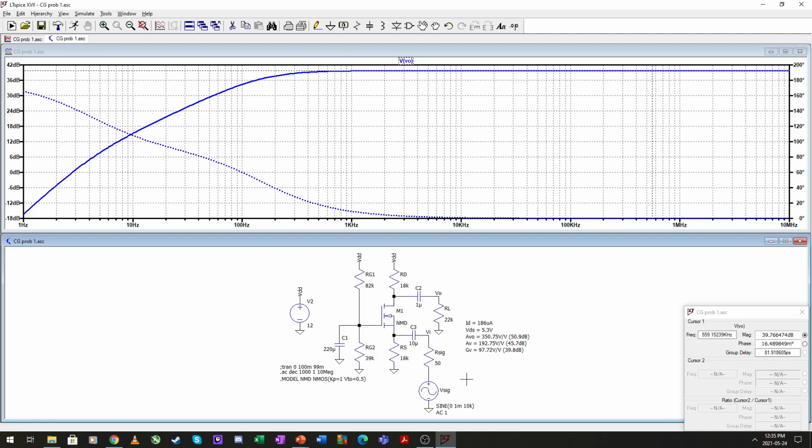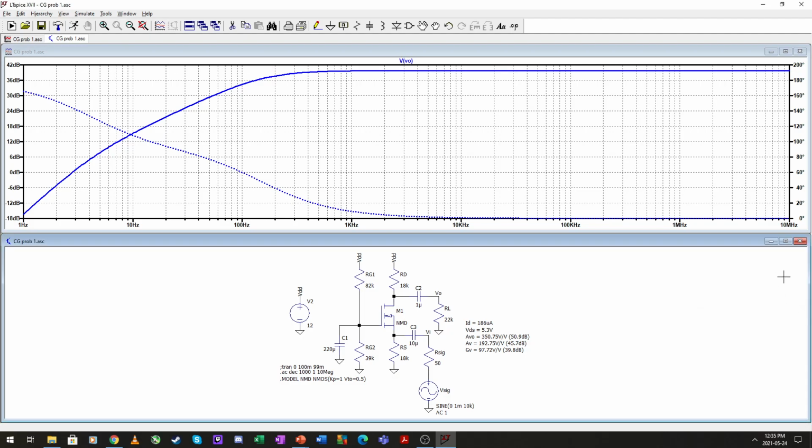And that is our first common gate design. Okay, correlates quite well with our calculations. Let's go to the second example.